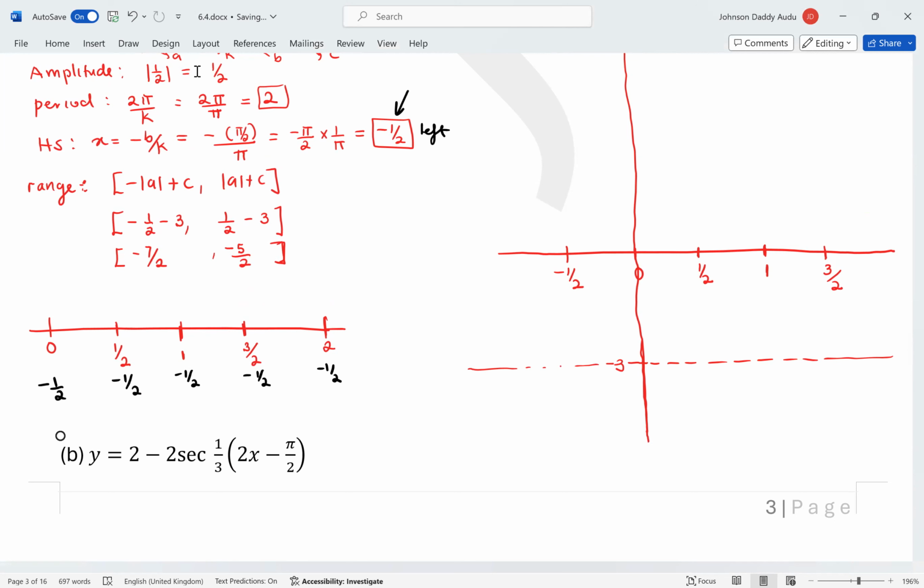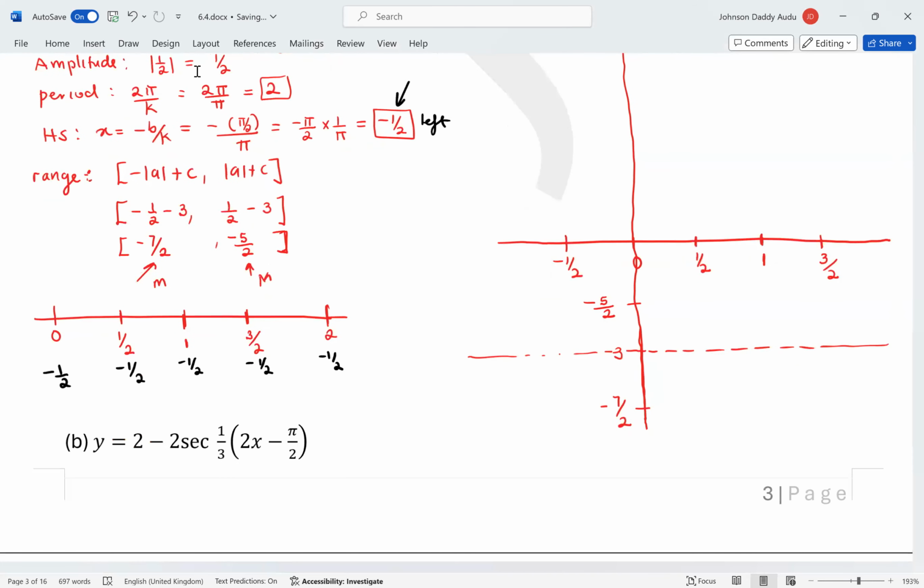Now, what is our minimum value? This is our small m, and this is our capital M. The minimum is minus 7 over 2, which is like minus 3.5, so let's put it here. The maximum value is minus 5 over 2, so let's put it here.